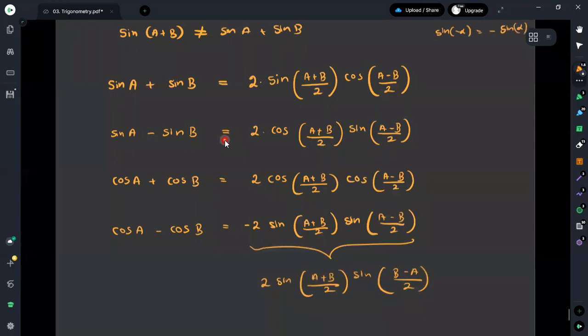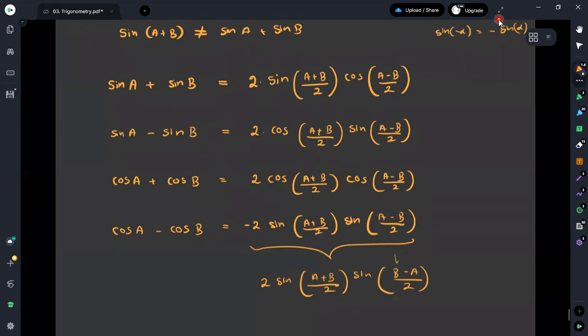Using this concept, we can insert this minus sign into the latter term. Therefore, instead of A minus B, we can consider its negative, because we can include this negative sign inside the sine function. Therefore, here we had the equality: minus sine alpha is equal to sine of minus alpha.